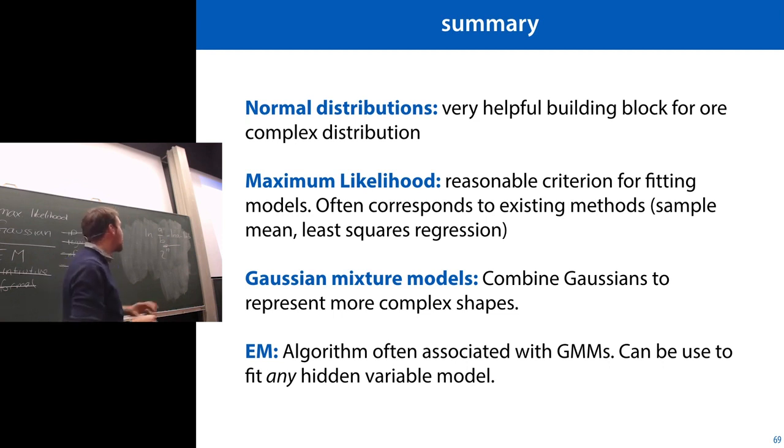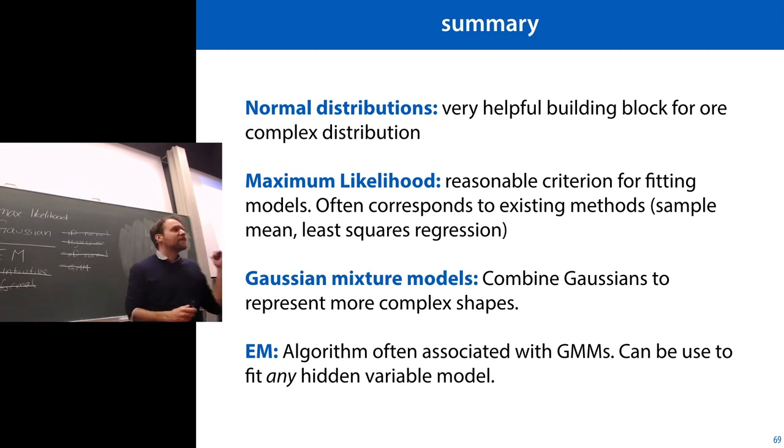Then, if we combine multiple of these normal distributions into a single distribution by summing them, we end up with a Gaussian mixture model, which is much more powerful and can take many more shapes. But we don't have an analytical closed form solution for the maximum likelihood fit, which is why we use the expectation maximization algorithm to fit a Gaussian mixture model to our data.